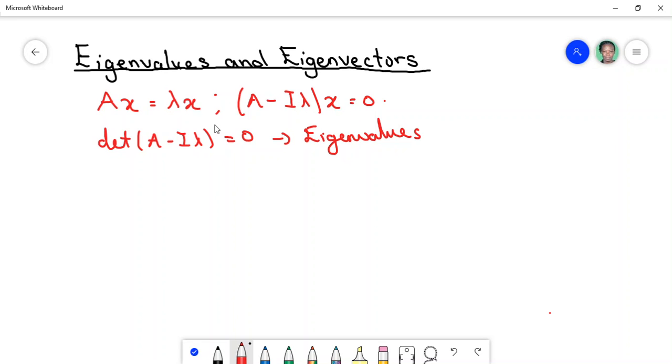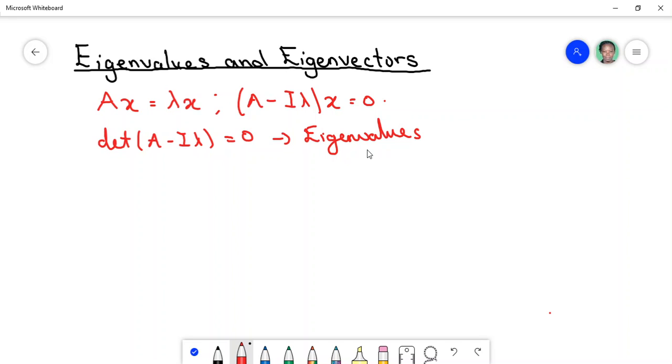And to find your lambda, using the characteristic equation, we said the determinant of this is equal to 0. Arriving at your characteristic equation and finding the roots will give us our eigenvalues.